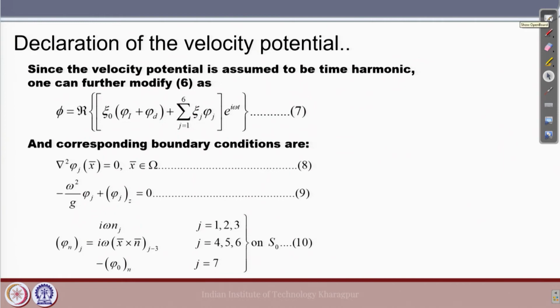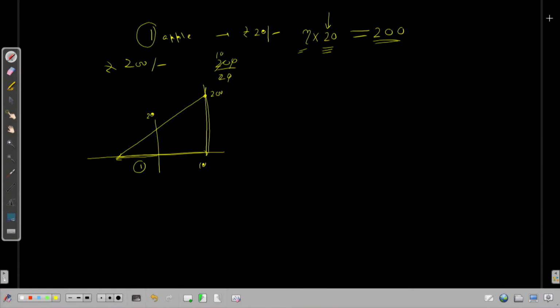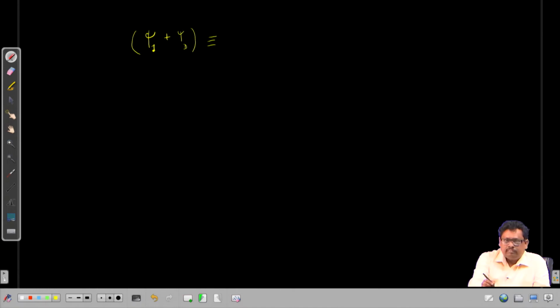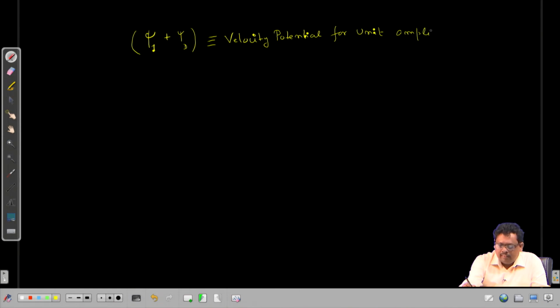So, now I understand in that slide this psi I plus psi d is nothing but the velocity potential for a unit amplitude wave.